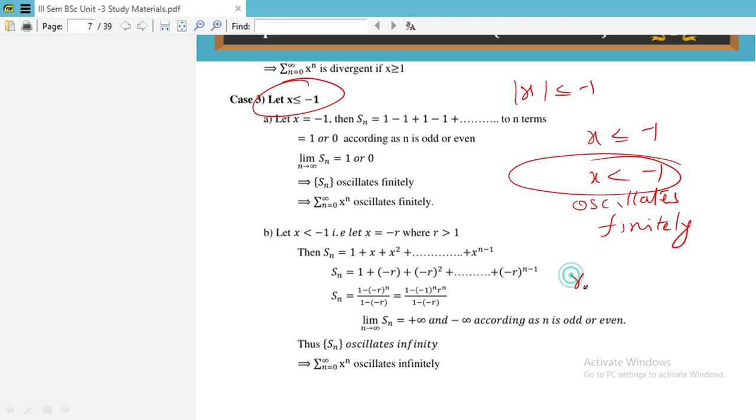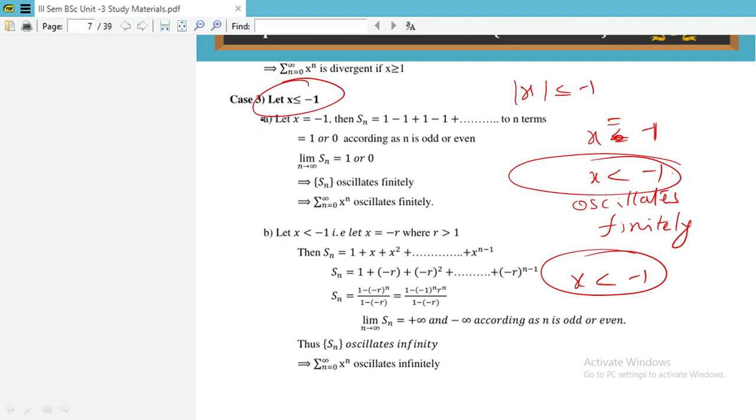If x is less than minus 1, this series oscillates infinitely. Let us take x equal to minus 1.